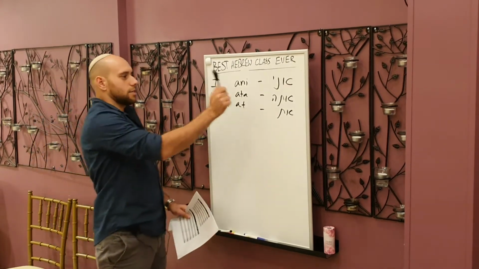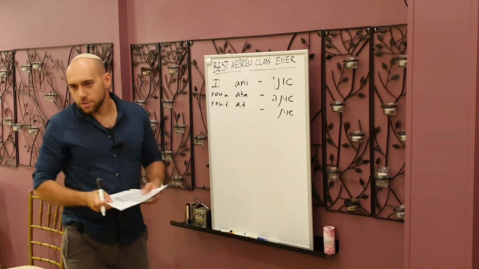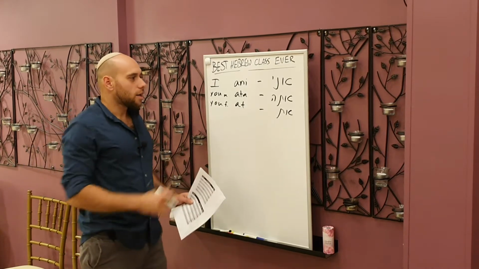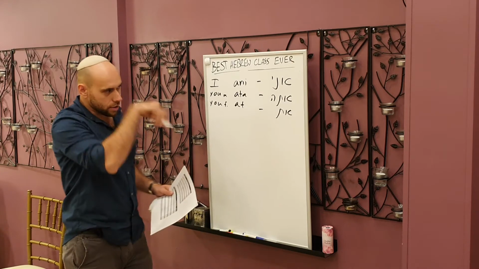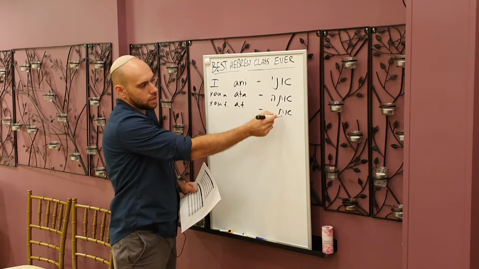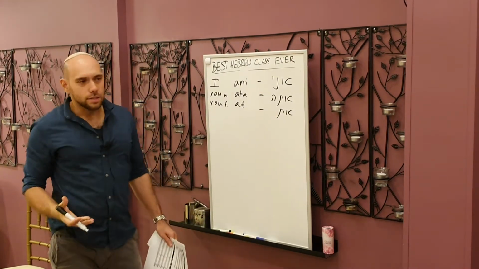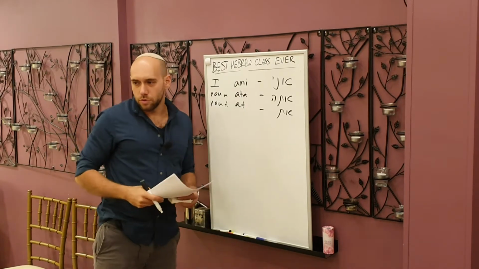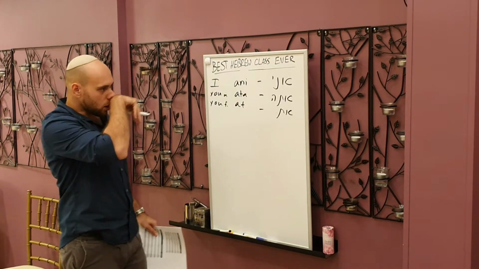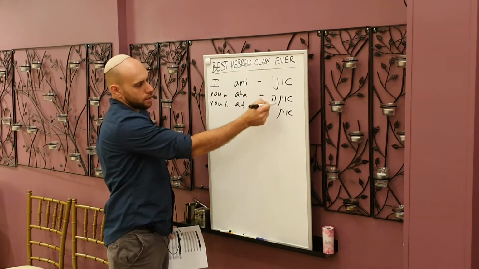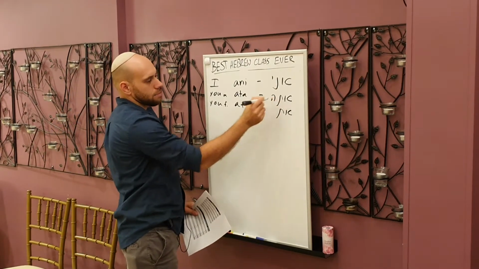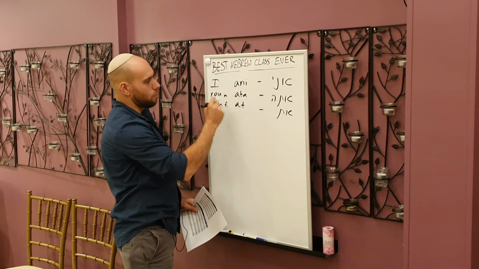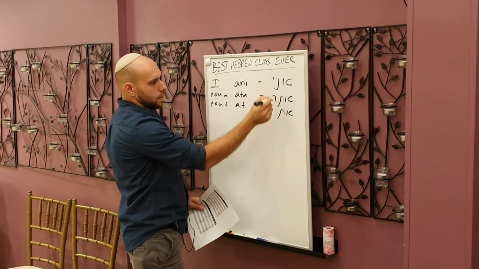In this case, it's an exception. No one knows why. At is feminine. The tav at the end is also a feminine ending in Hebrew, along with the hey. But in this case, ata is masculine. Ani, ata, at.